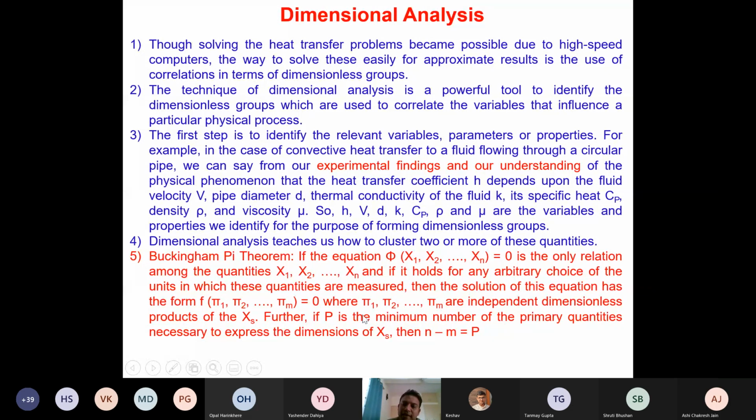Further, if p is the minimum number of the primary quantities necessary to express the dimensions of x's, then n minus m equals p. Sorry, n minus m equals p.